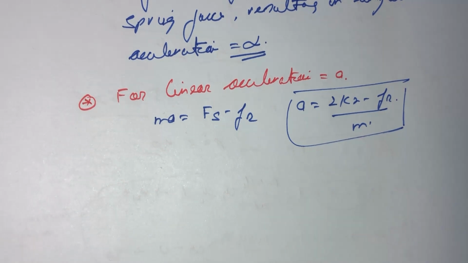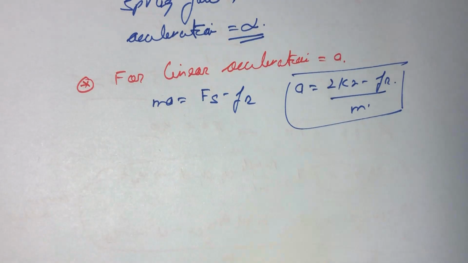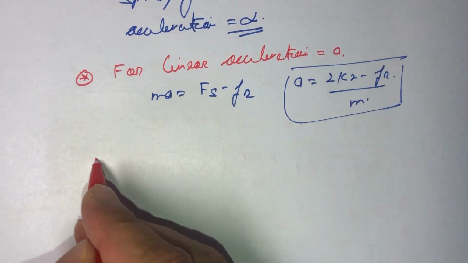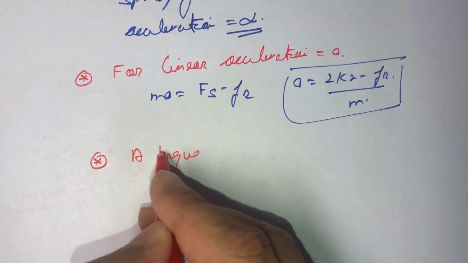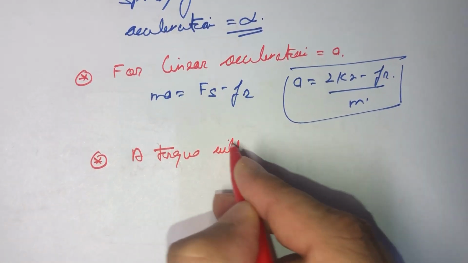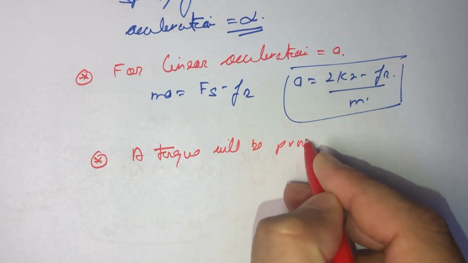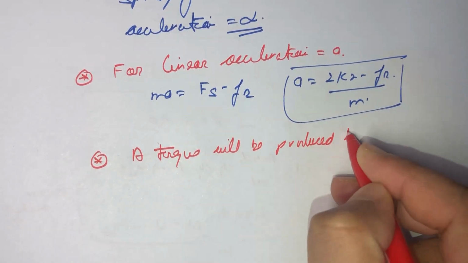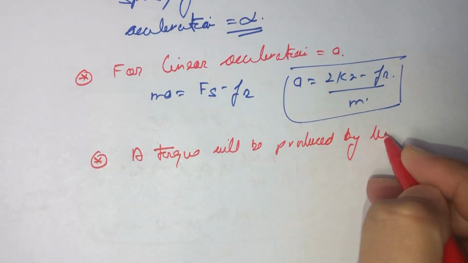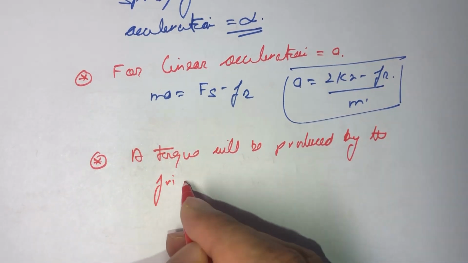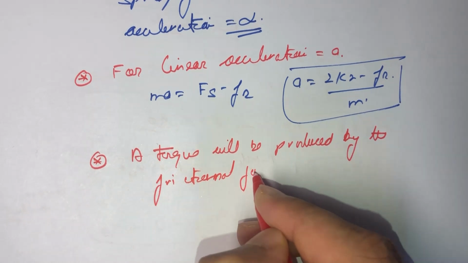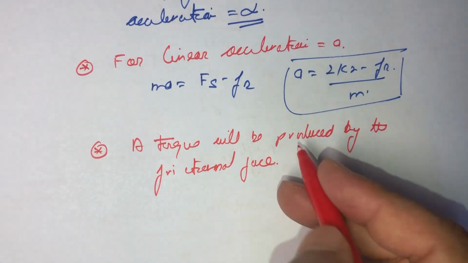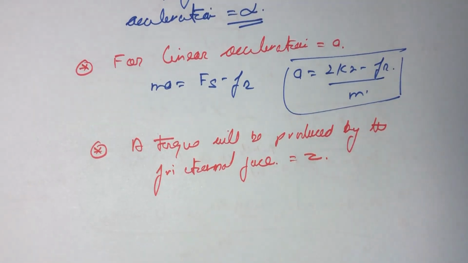And there will be a torque produced by the frictional force, which is given as tau.